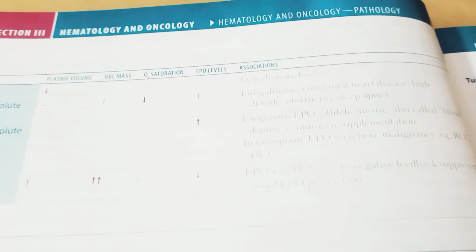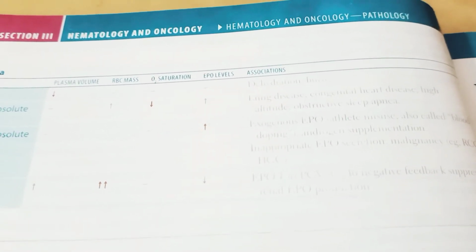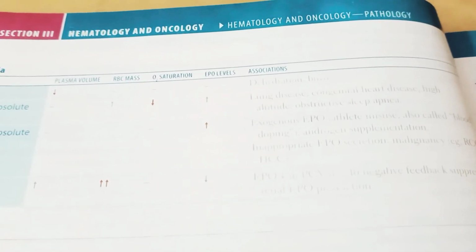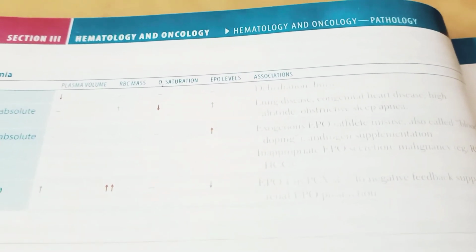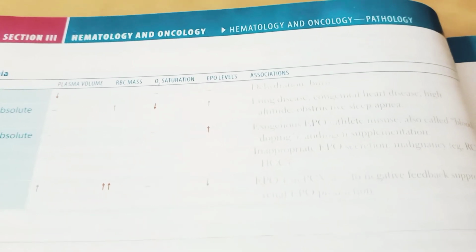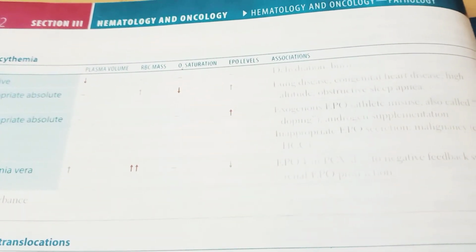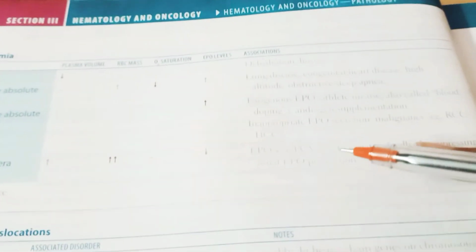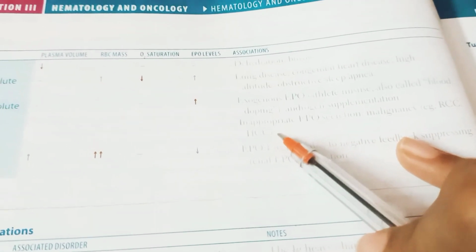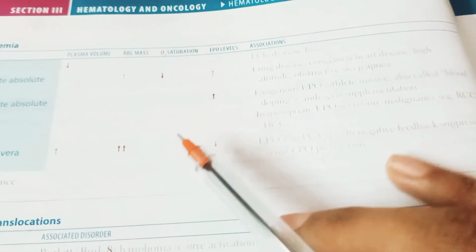In blood doping, athletes are taking exogenously high EPO, and even though they are taking high EPO, the plasma volume, RBC, and oxygen saturation are all normal. It is also seen in androgen supplementation, and inappropriate EPO secretion is seen in malignancies like renal cell carcinoma and HCC. So here only EPO is rising.